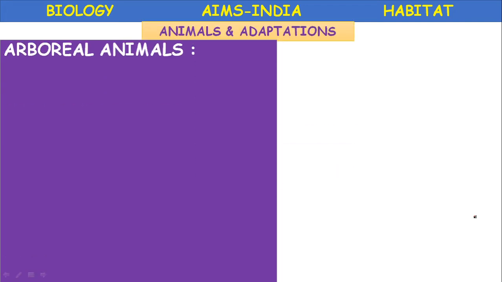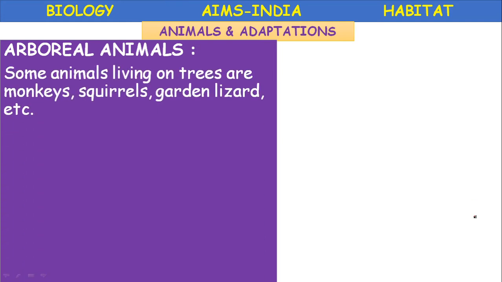Next, arboreal animals. What are arboreal animals? Arboreal animals means the animals which live on trees. Example: monkeys, squirrels, garden lizard, and chameleon.